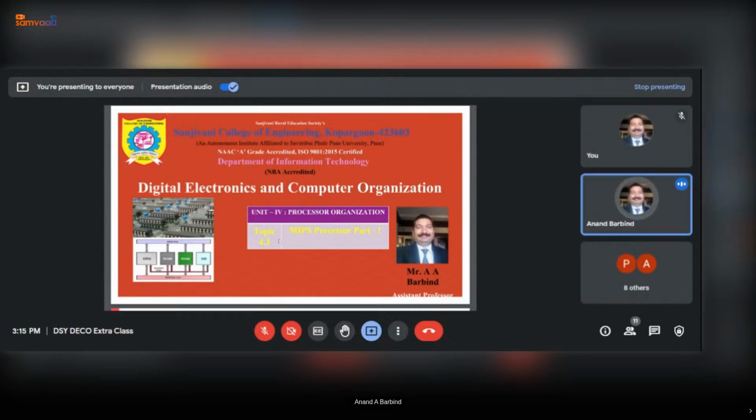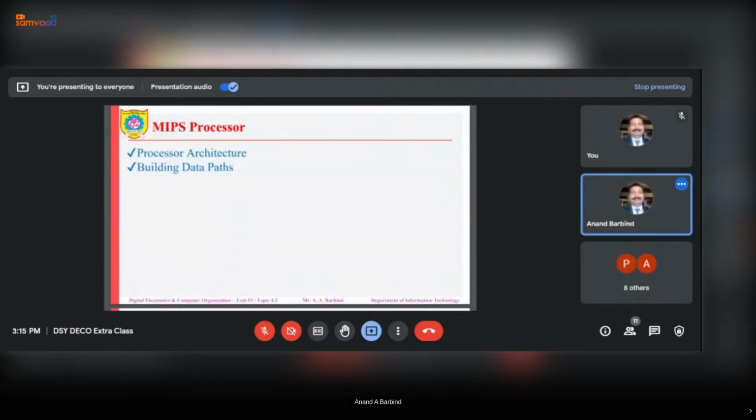So let us go for the MIPS processor. This particular MIPS processor is one of the processors whose architecture we shall be studying here, and it is of the RISC type, that is reduced instruction set computing type.